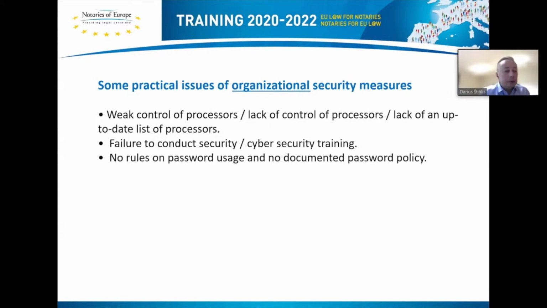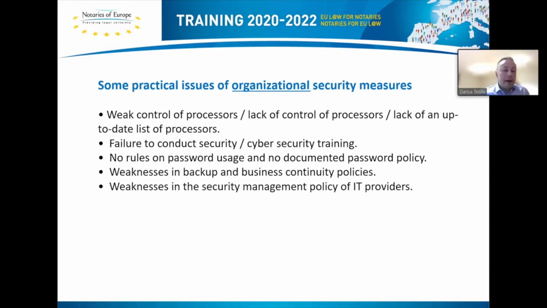Another issue: no rules on password usage or no documented password policy. Weakness in backup or business continuity policies. For example, if we have an incident with ransomware, when data is encrypted and we do not have any backups, we are in trouble in this case.